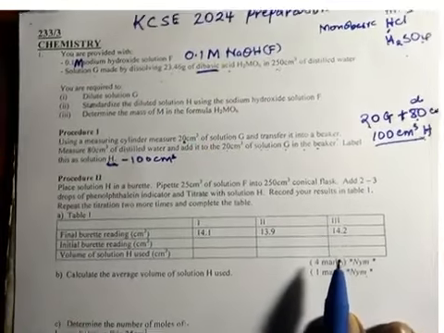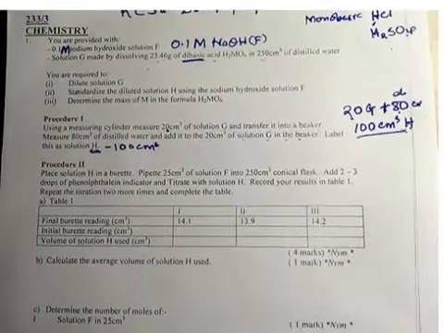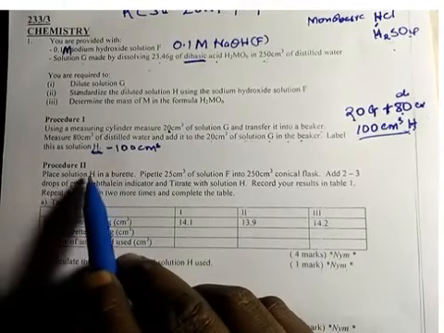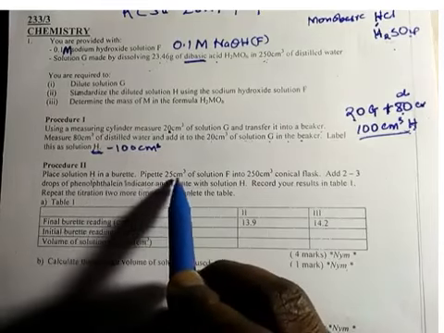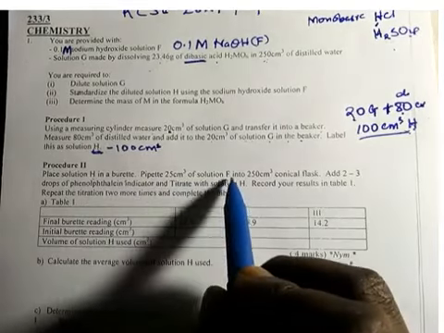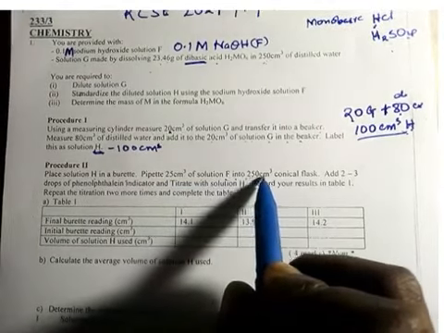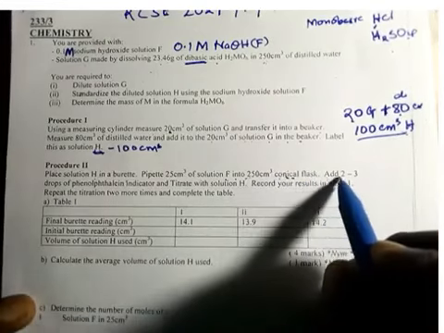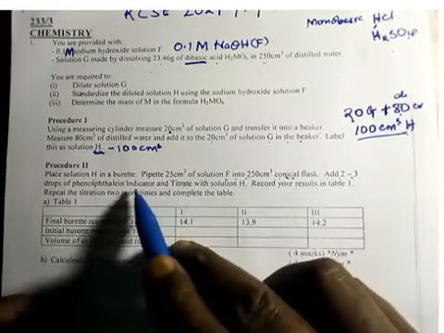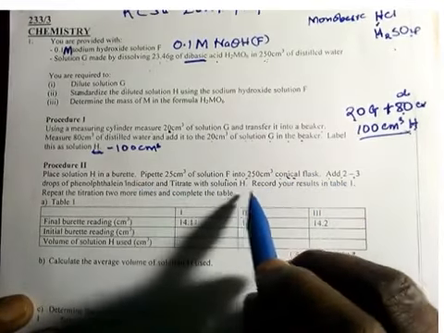Procedure 2. Place solution H in a burette. Pipette 25 cm³ of solution F into a 250 cm³ conical flask. Add 2 to 3 drops of phenolphthalein indicator and titrate with solution H. Record the results.